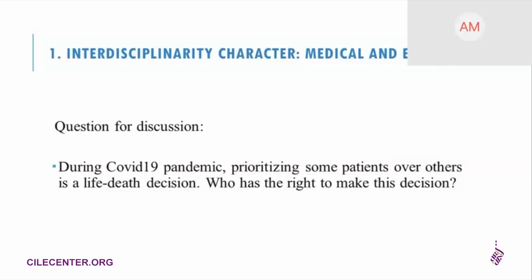So what I'm trying to say is, nobody has the right over someone's life. Nobody is given this right by birth, right? Everyone has the right to life, and everyone has the right to have her or his life saved.